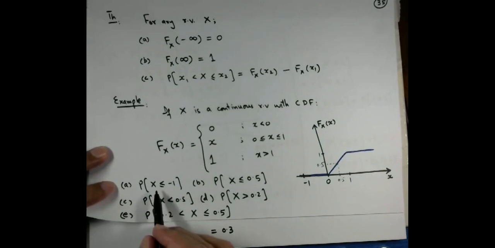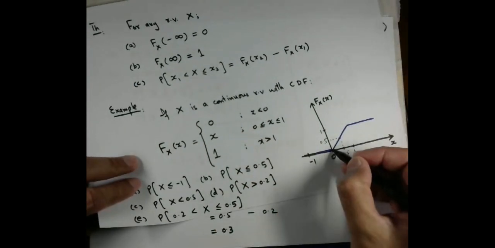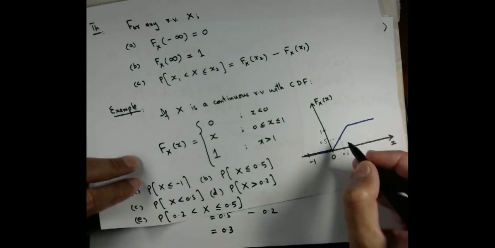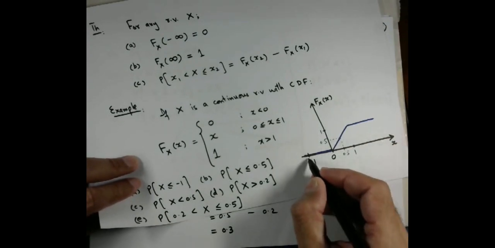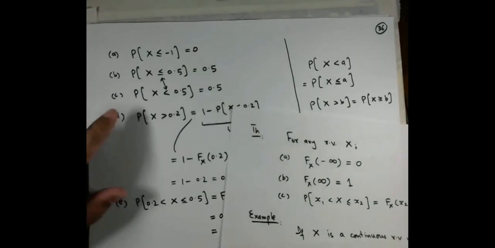probabilities. Probability that X is less than or equal to -1 is simply 0. Why? Because the first meaningful interval is found at 0 onwards, not below. So beyond -1 it is obviously 0. What is the probability that X is less than or equal to 0.5? It is 0.5 because this is a plot at 45 degrees.